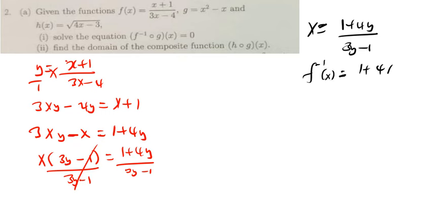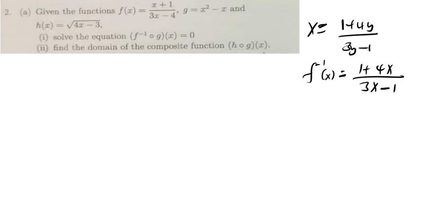Now we want to find f inverse of g of x. Where there is x in the inverse of f, we put g. So f inverse of g of x will be equal to 1 plus 4 times g. Where there is x, now put g.